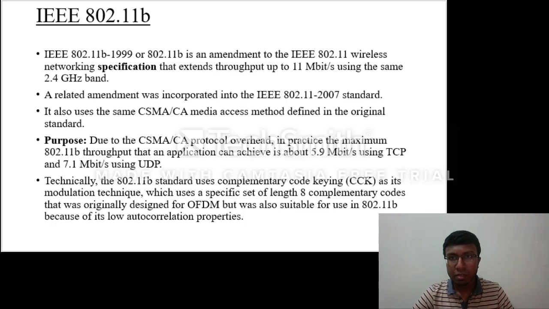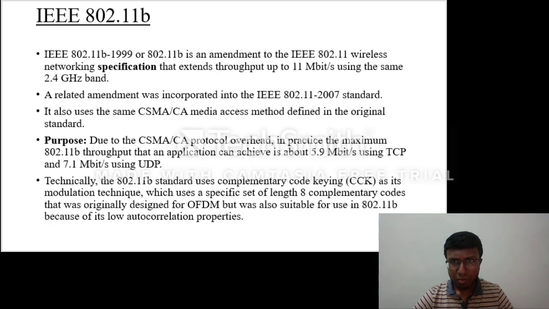Due to CSMA/CA protocol overhead, in practice, the maximum 802.11b throughput that an application can achieve is about 5.9 Mbps over TCP and 7.1 Mbps over UDP.